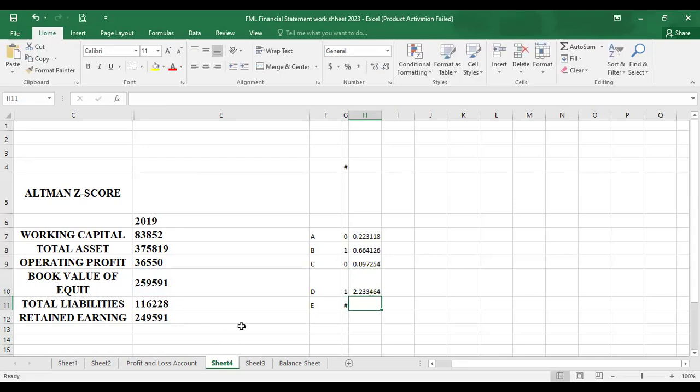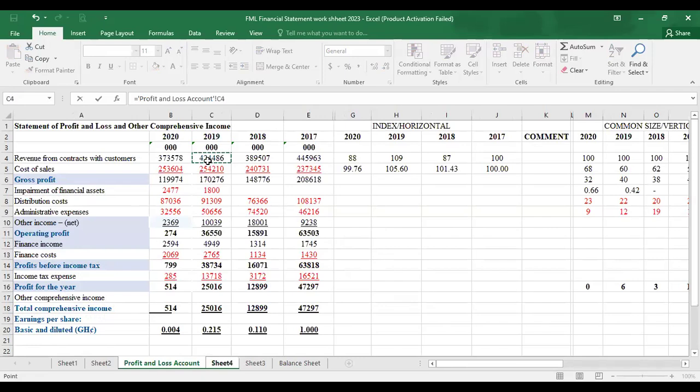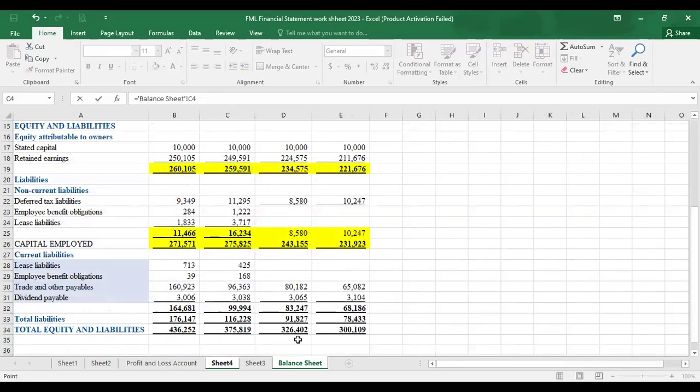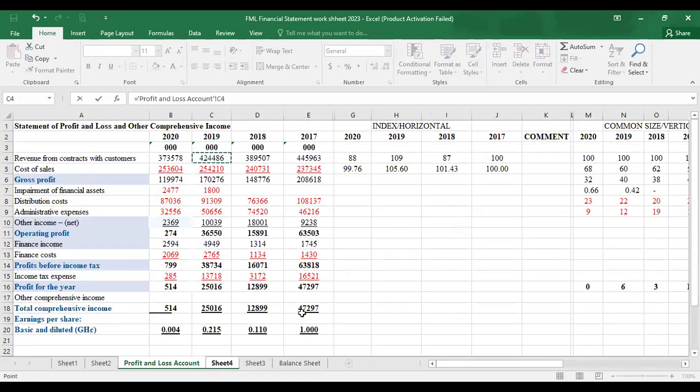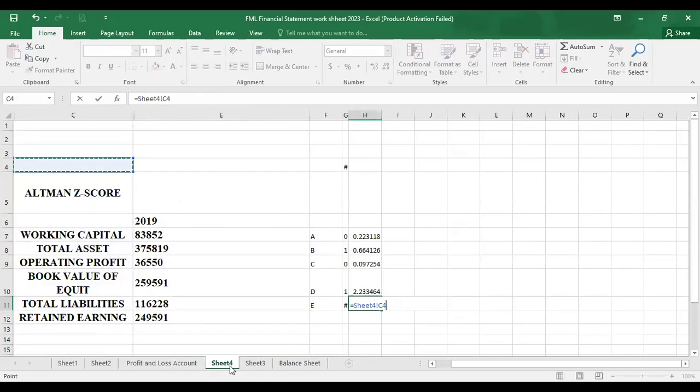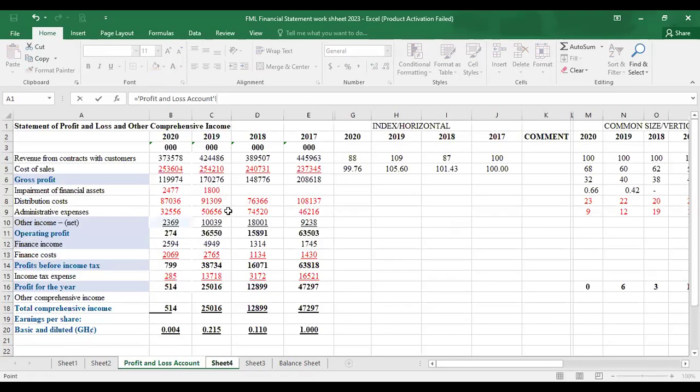Then E would be to pick the sales or revenue figure, sales, as a sales figure.